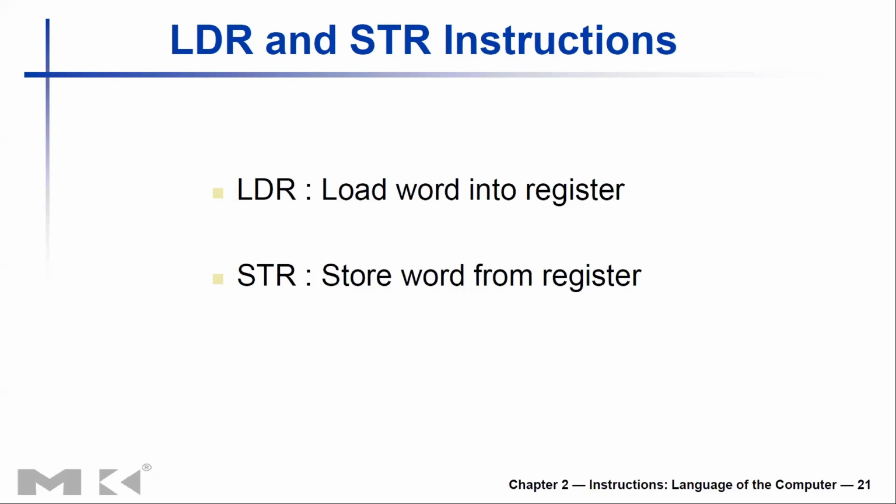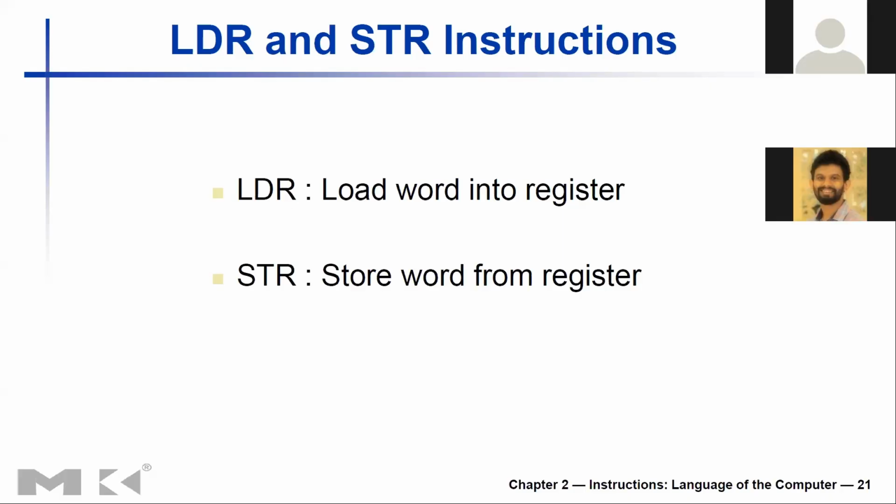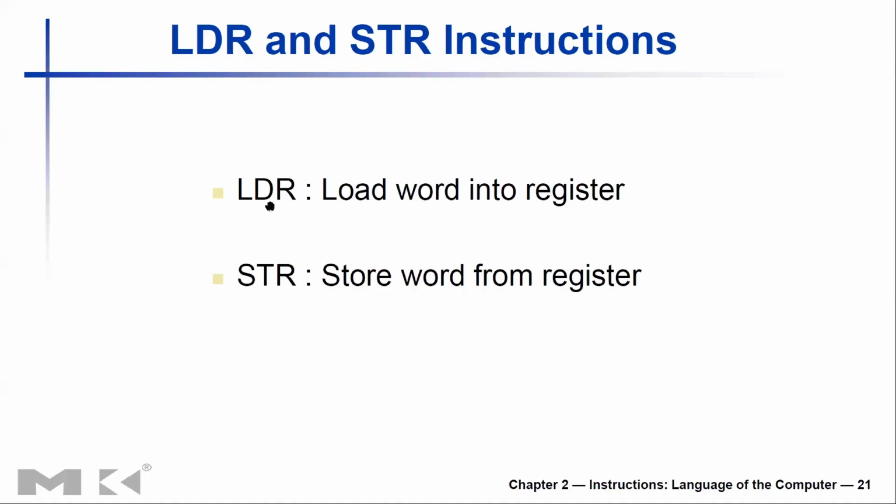The instructions that you will be using to access memory are of two types, LDR and STR. So mainly there are two instructions to access the memory: the LDR instruction and the STR instruction. We use the LDR instruction to load a word into a register.